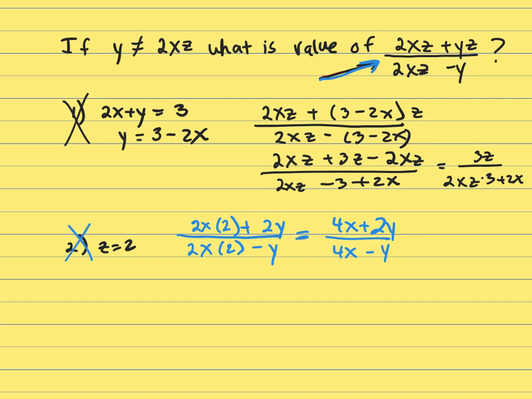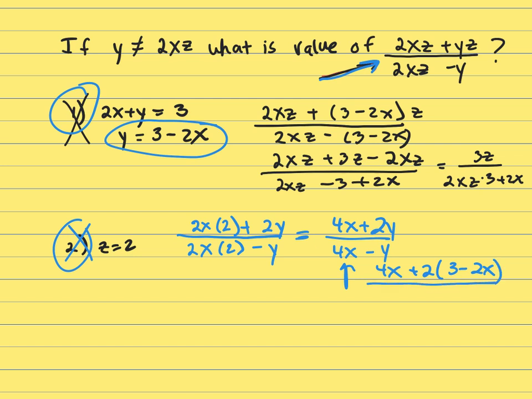So that doesn't work. And when you put both clues together, clue 1 and clue 2, let's start here with the results of clue 2. And if I let y be 3 minus 2x, substitute this in for y, I get 4x plus 2 times (3 minus 2x). And then I have a 4x minus y, minus (3 minus 2x).